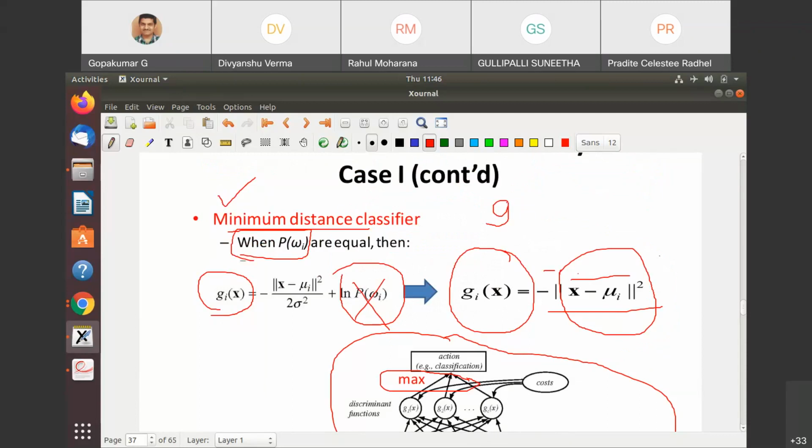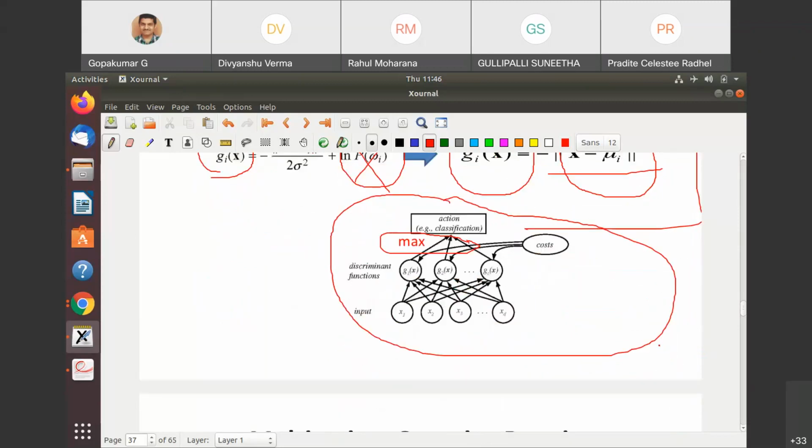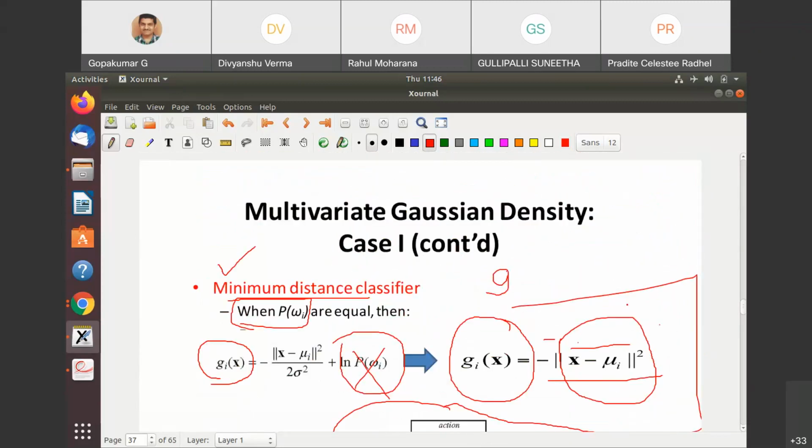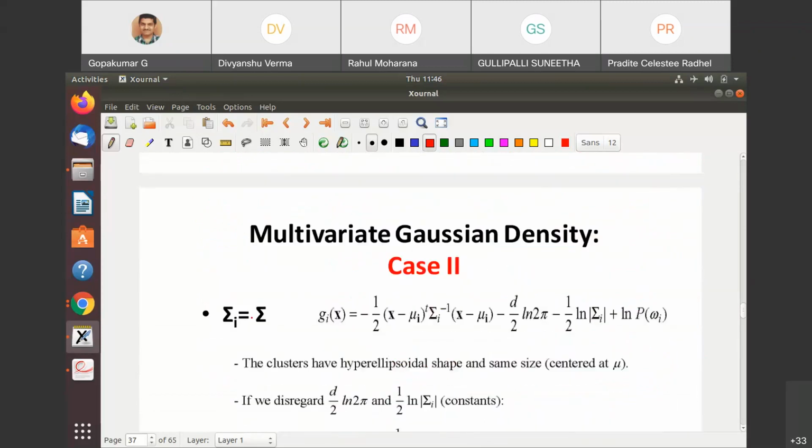So that is the way we have this particular case here. It's a special case. These are some of the cases that we can define. We started with the assumption for sigma that it is the same, statistical independence, etc. But we'll go to another case.